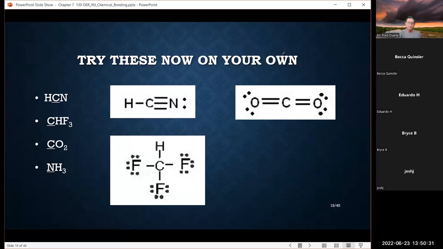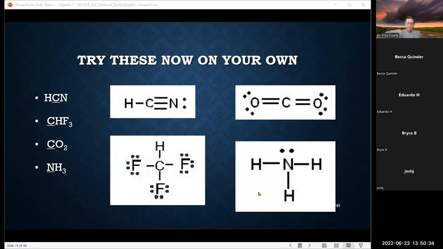All right, with that being said, here's the formula that just came up. Now I'll go ahead and give you these names. HCN is hydrogen cyanide. It's a very poisonous gas. Trifluoromethane is the second one we just did, which you probably won't see, then carbon dioxide.